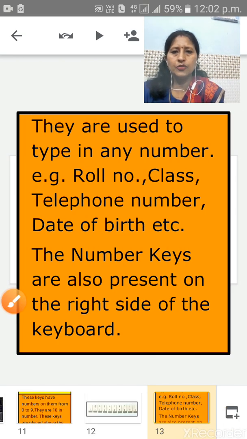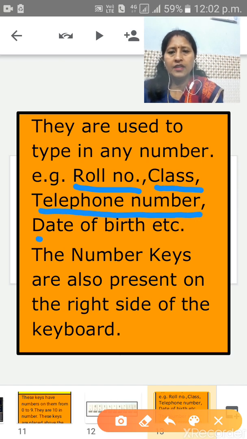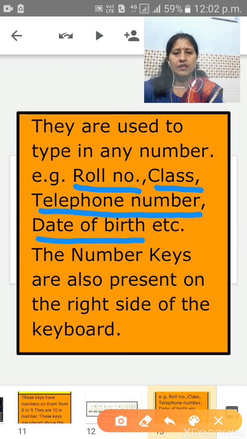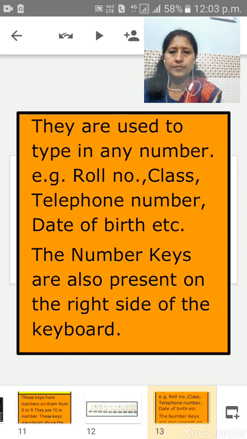They are used to type any number, for example, roll number, class, telephone number, date of birth, etc. The number keys are also present on the right side of the keyboard.